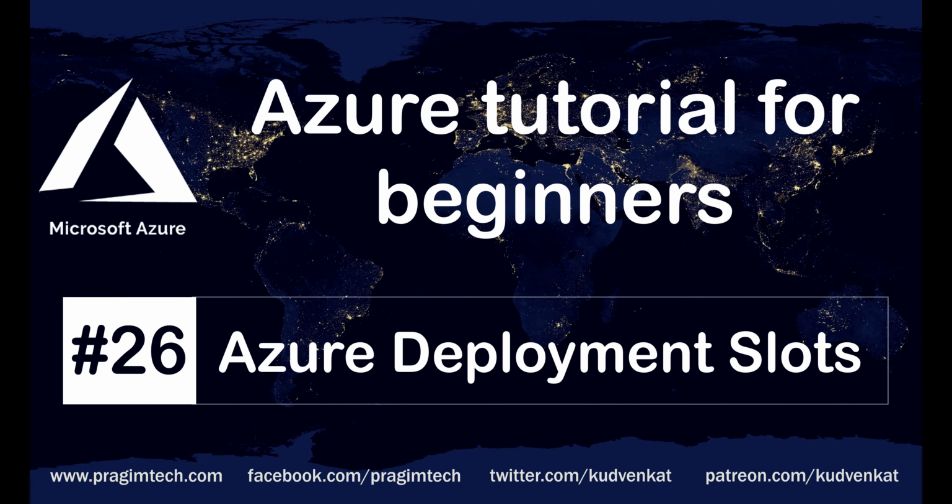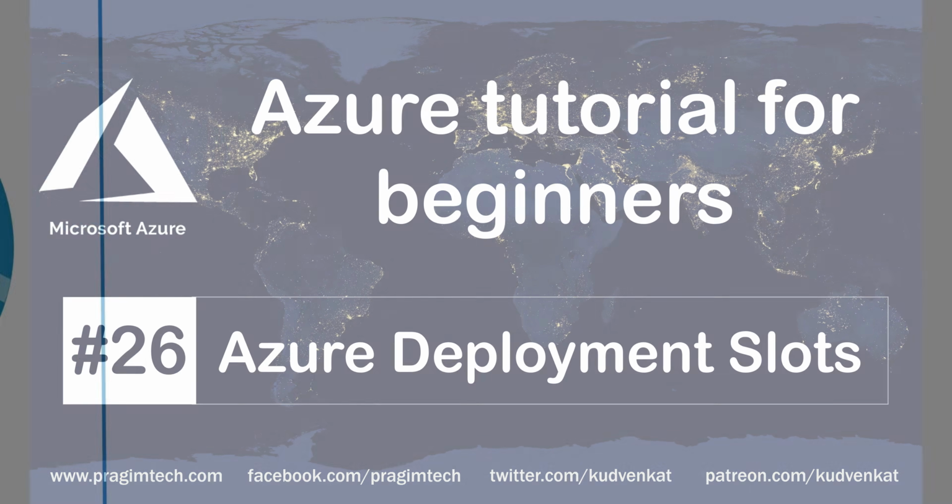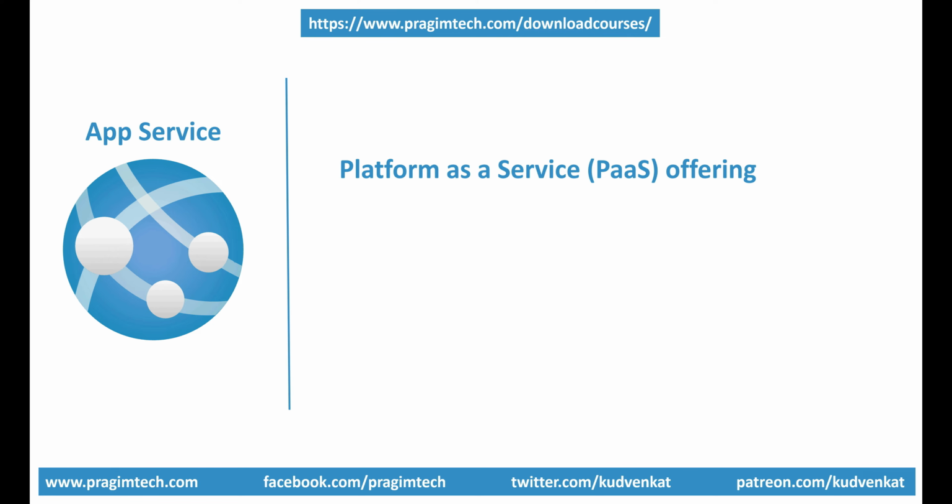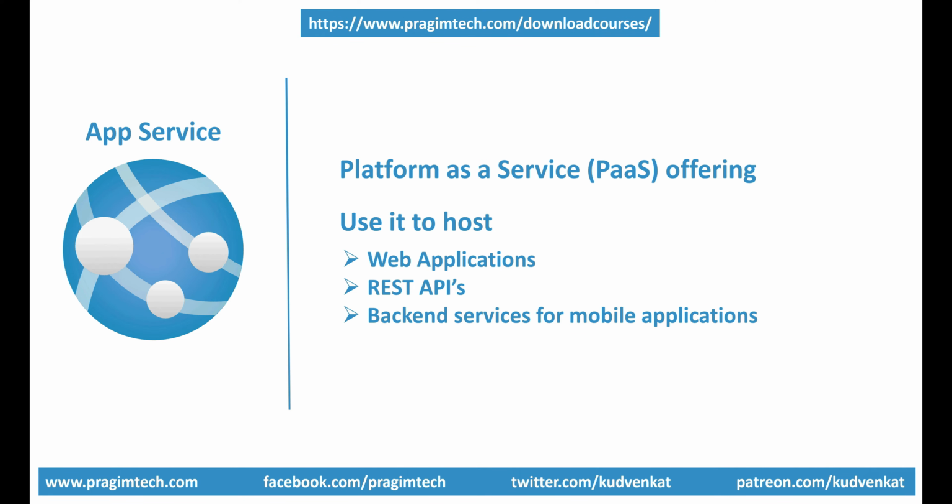We discussed App Service and the benefits it provides in part 18 of this video series. It's a platform as a service offering, and we use it to host web applications, REST APIs, and backend services for mobile applications.